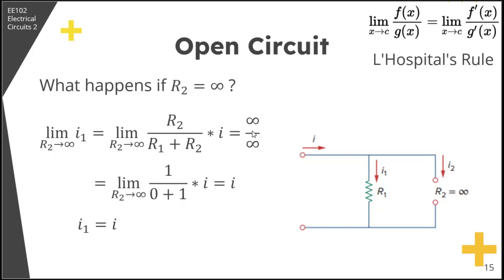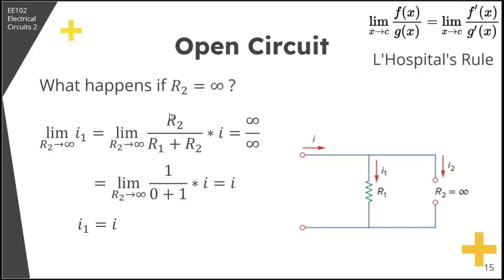Since it is indeterminate, we have to apply L'Hopital's rule. L'Hopital's rule says that if your limit is indeterminate, you take the derivative of the numerator and the derivative of the denominator, with respect to your variable.